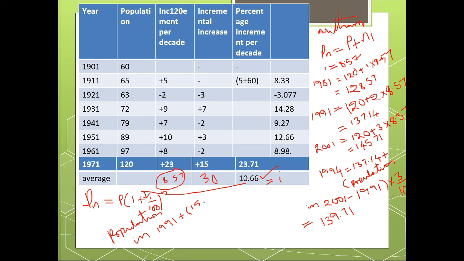You have to take up to 1991 I value: 15.84 into 3 divided by 10, per decade 10. Then you will get 151.70. You will get the population in 1991.